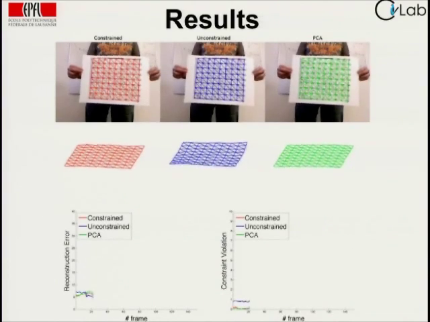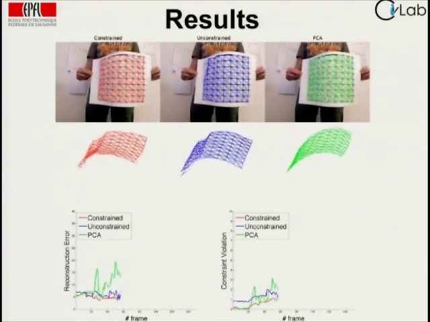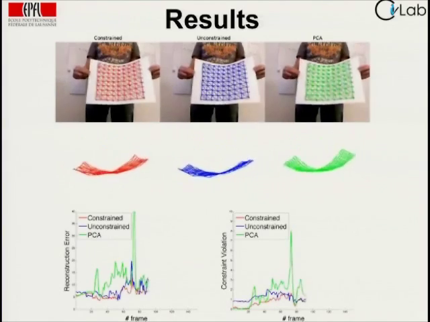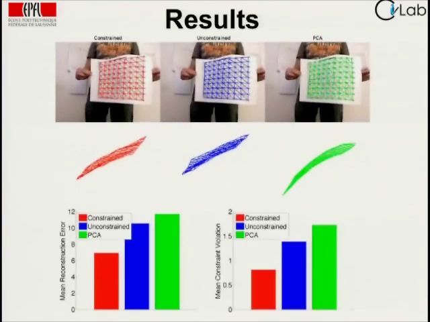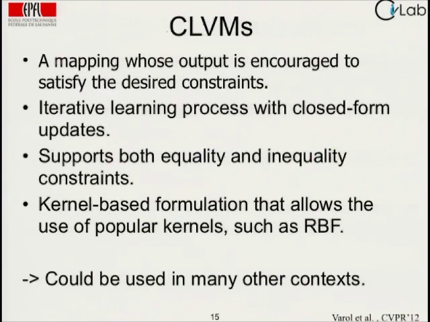Here's another example along the same lines, where these graphs are the errors frame by frame. You can see, generally speaking, the red curve is below the others. So this is a way of learning a model that enforces the constraints: a nonlinear mapping whose output really tries to satisfy the constraints, even for values of latent variables for which you don't have a corresponding y.